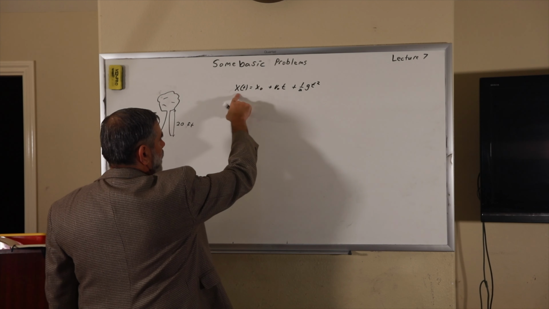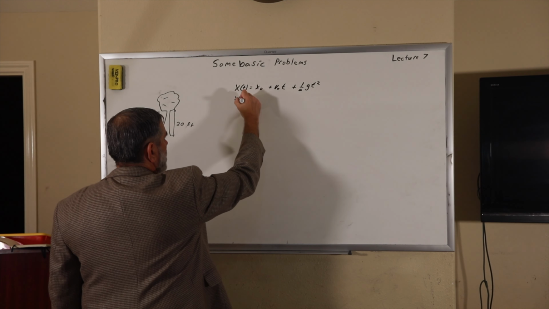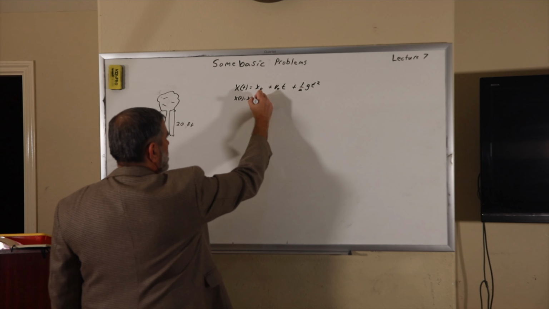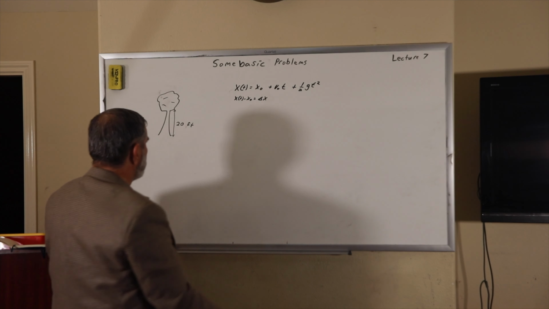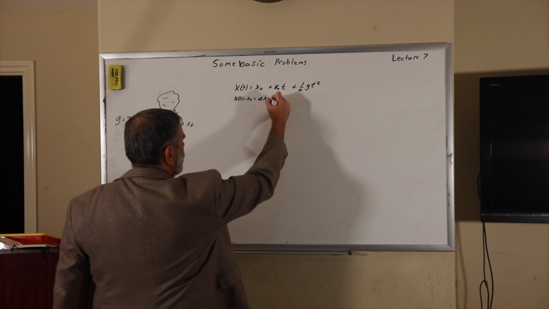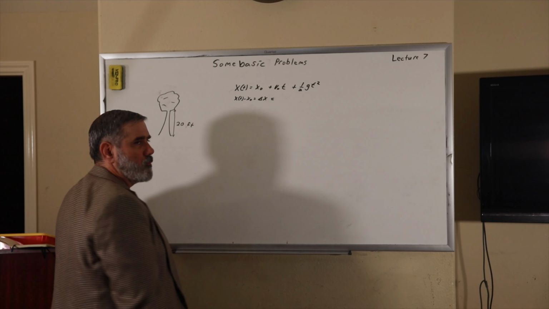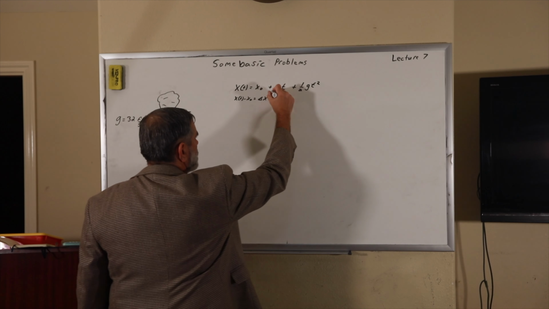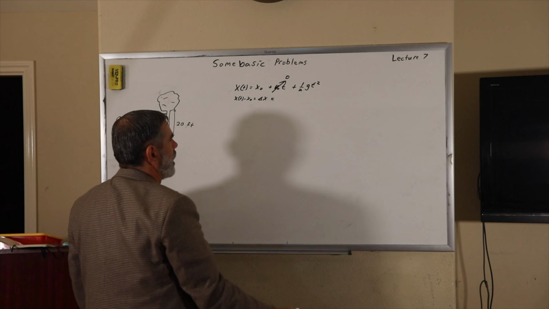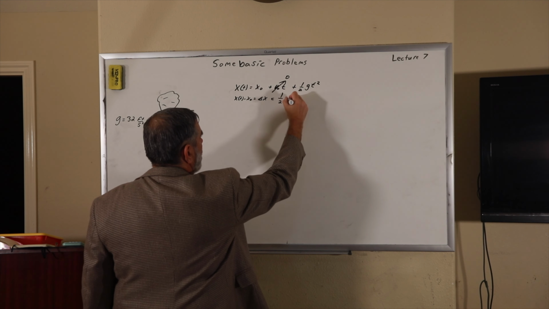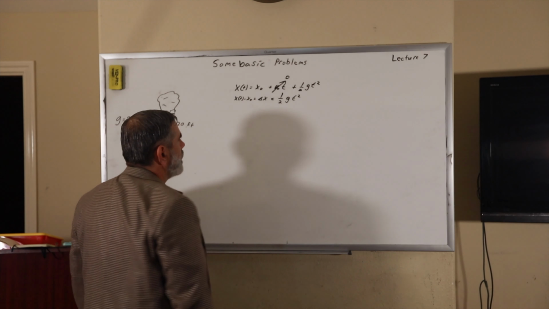I'm going to move x naught over here so that we get x of t minus x naught. But this is just delta x. That's the distance that it's fallen. And this will be equal to, we're going to assume the initial velocity is 0, so that term there basically goes away. And we're left with 1/2 g t squared.